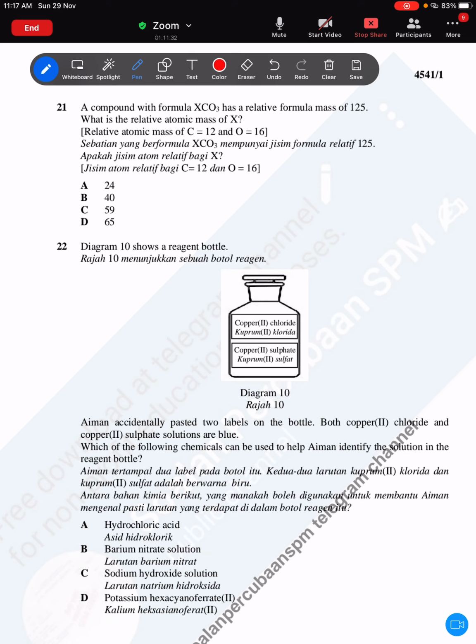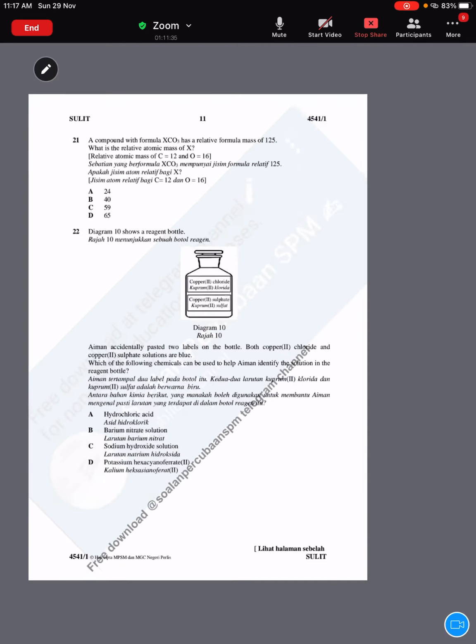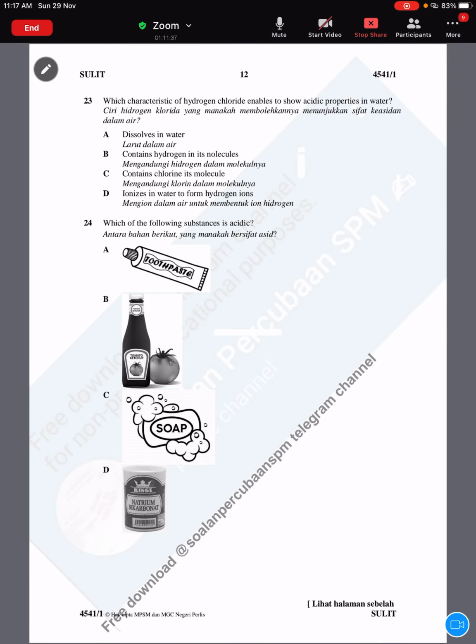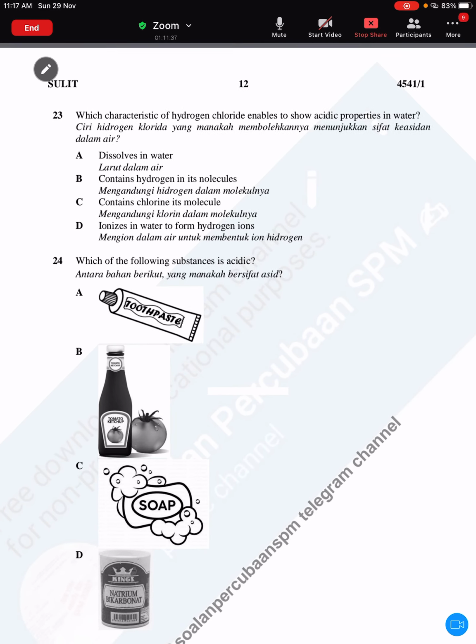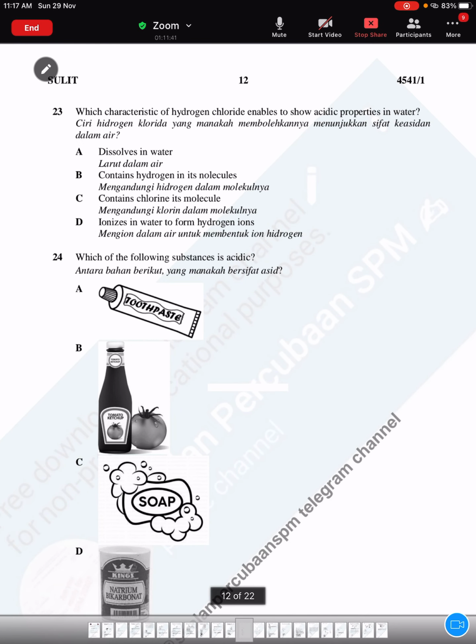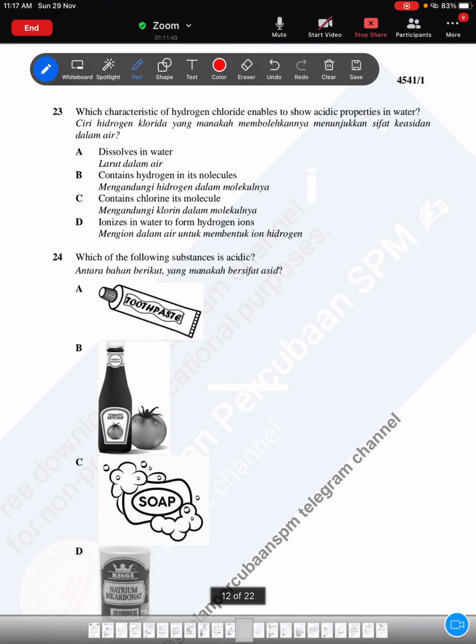Okay, I'm going to erase this. Okay, let's look at this one, my dear students. Which characteristic of hydrogen chloride enables it to show acidic properties in water? Wait, guys. When you dissolve hydrogen chloride, HCl, in water, in the presence of water, it forms a hydrogen ion and chloride ions.